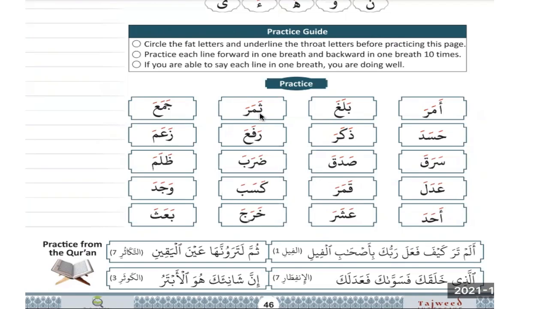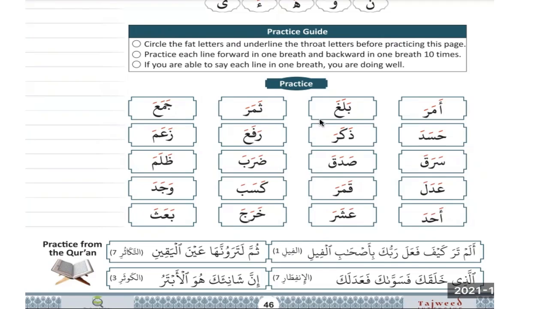Don't say thamara with uneven lengths, no. If they have the same sign on it, and you see each letter has the same length, thamara. Then the next is jama'a, jim fatha ja, mim fatha ma, jama, ain fatha a, jama'a. Like this.